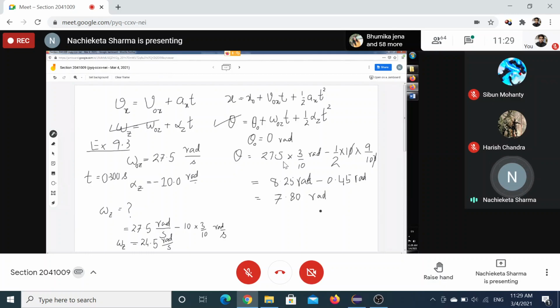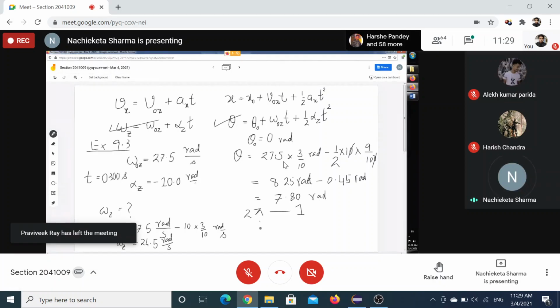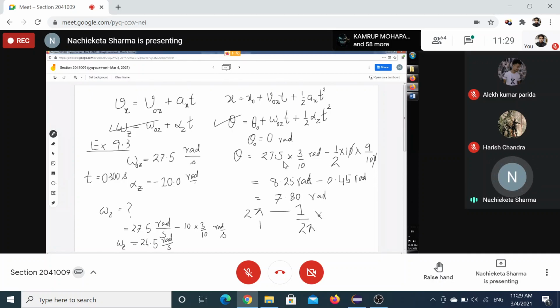And if you want to find out how many revolutions this has taken, you know 2 pi radian corresponds to 1 complete revolution. So 1 radian will correspond to 1 by 2 pi rotations. So 7.80 into 1 by 2 pi.